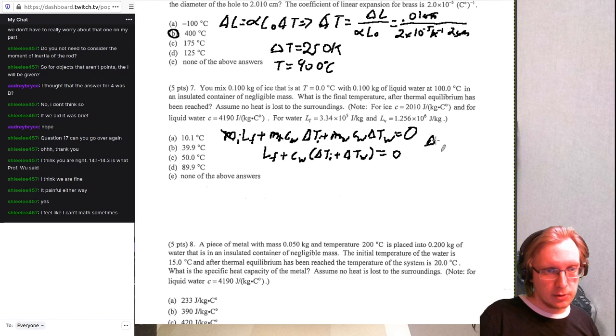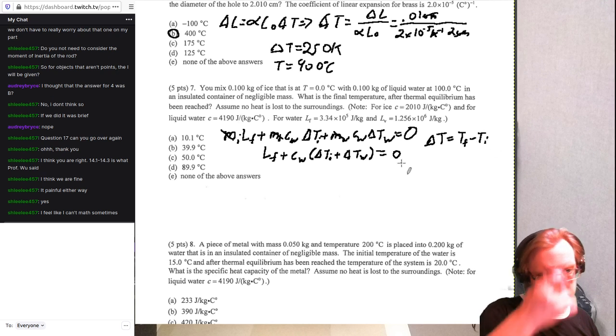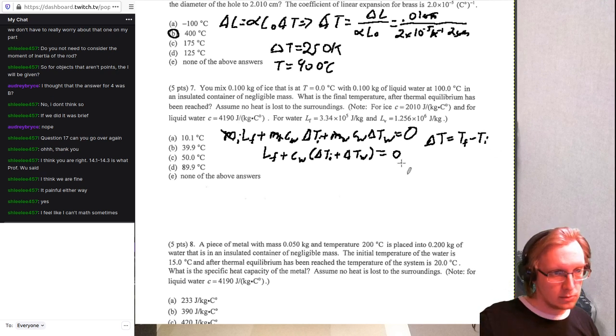A change in temperature is equal to TF minus T initial. LF plus CW, so we have two temperature finals minus T initial for the ice minus T initial for the water equal to 0. Solve for TF.